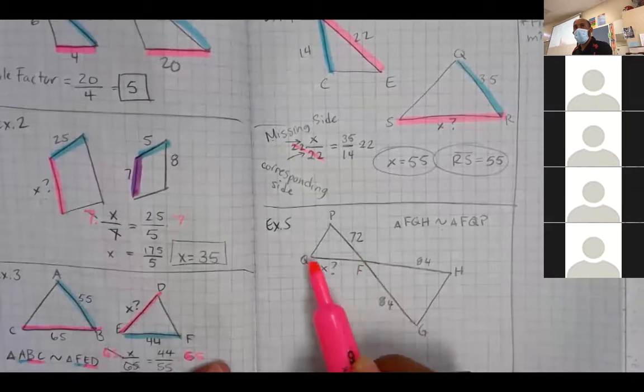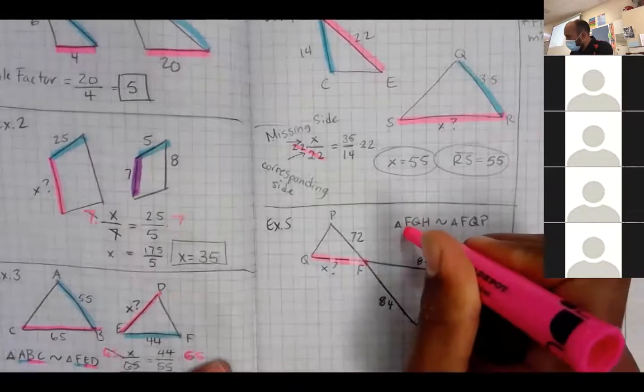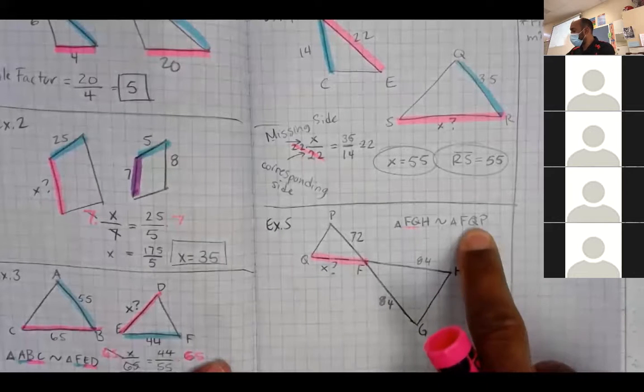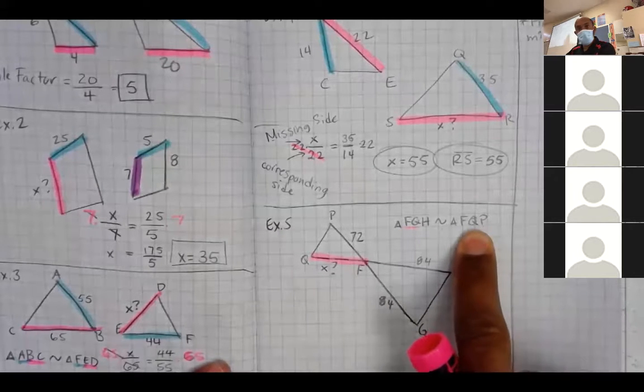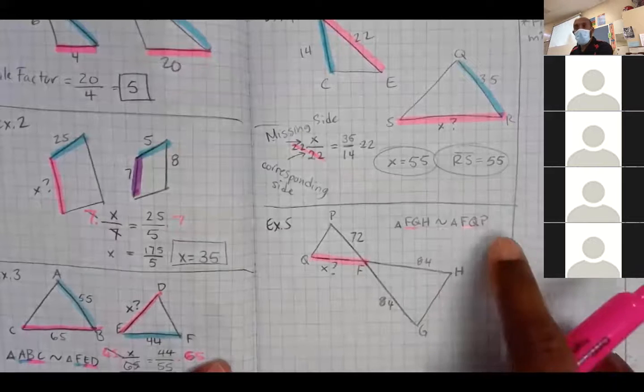So this side is FQ or QF. That would be this one here. And it says that FQ, did I write that down right? Oh, sorry. That would be this one here, my bad.